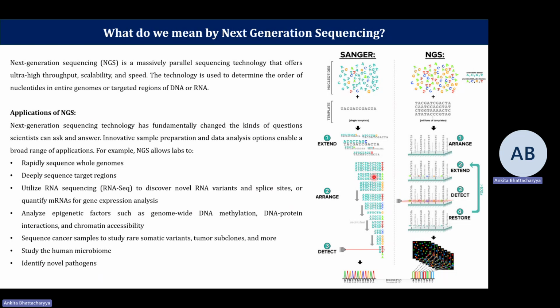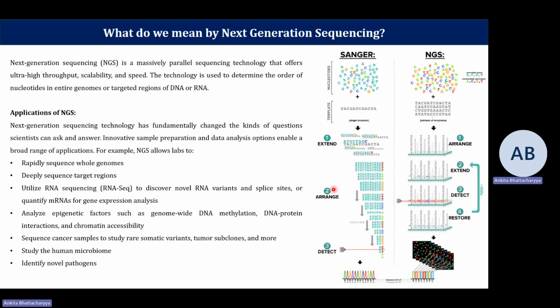Now, if you look at the overall workflow and the contrast between Sanger and NGS, you will see that there are two sets which are common between the two. One is your template that you want to sequence. NGS has millions of templates, whereas in Sanger there's only one single template present.